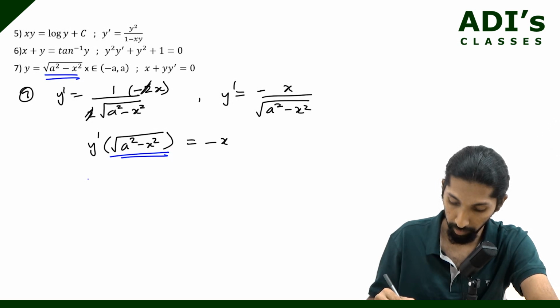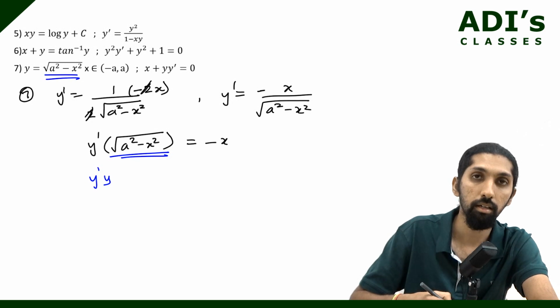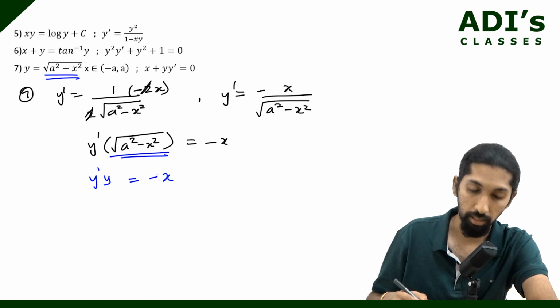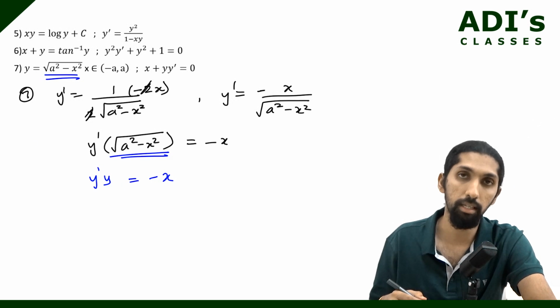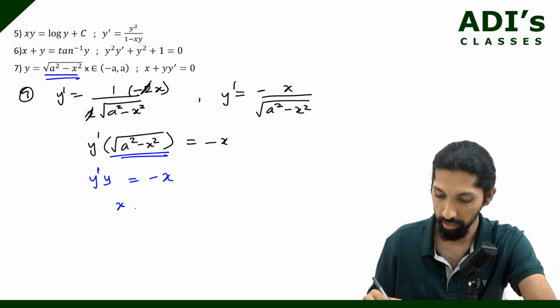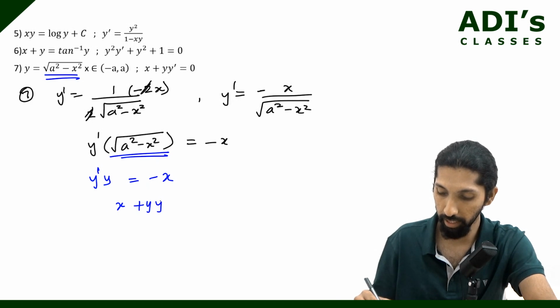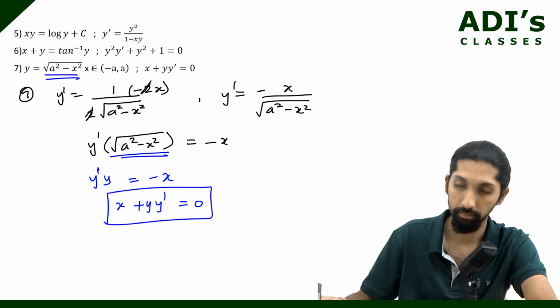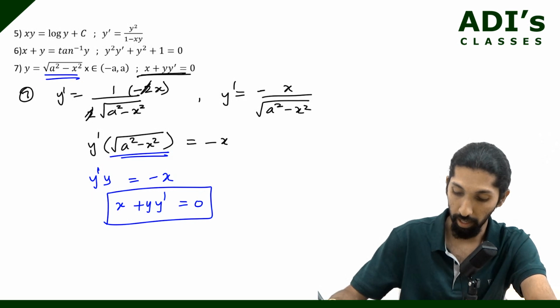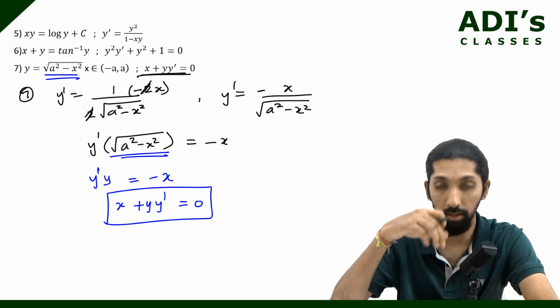So this becomes y dash into y, isn't it? Is equal to minus x. Take the minus x this side on the LHS. So what do we have? x plus y into y dash. Done. See? This is exactly what we are supposed to prove here. x plus y into y dash is equal to 0.